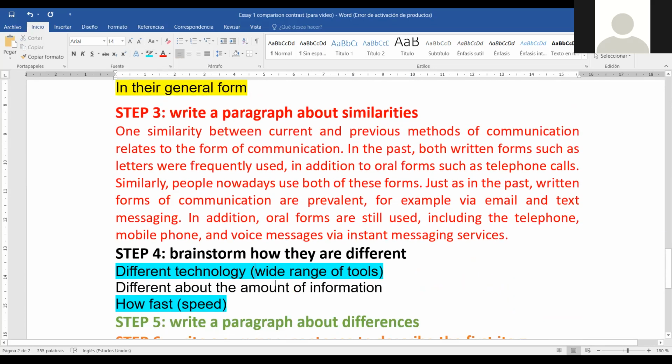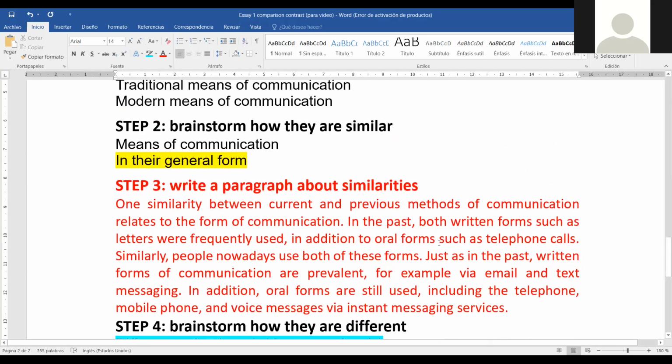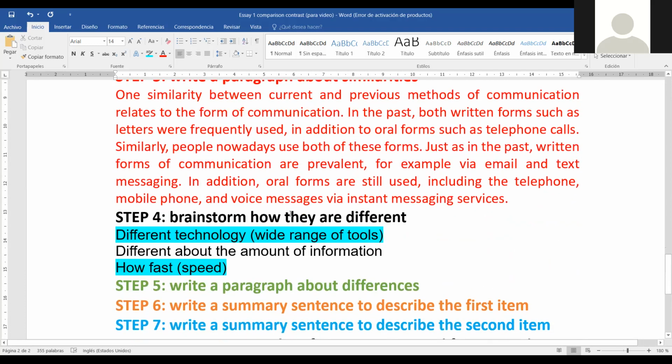I chose those two because I also wanted my students to notice that the most basic thing that you can do in this kind of essay is to choose one topic for the similarities and only one for the differences. That would be the very basic style.